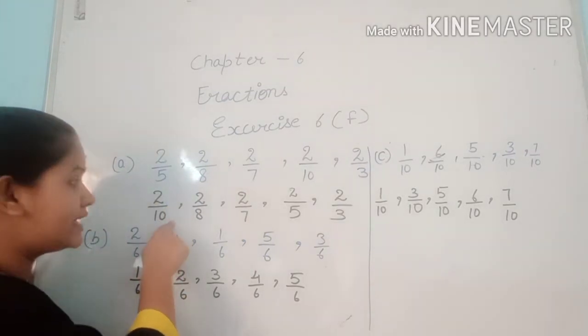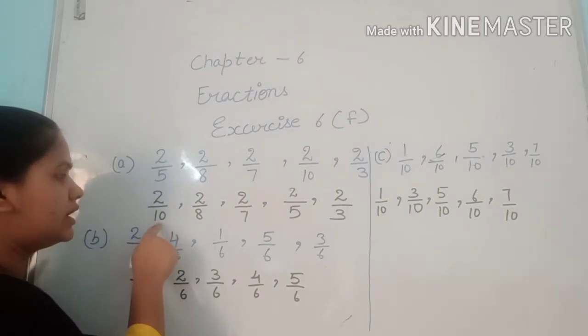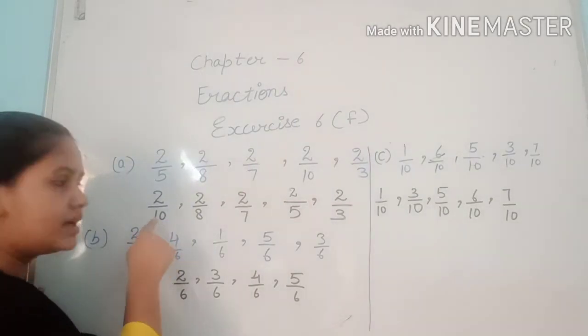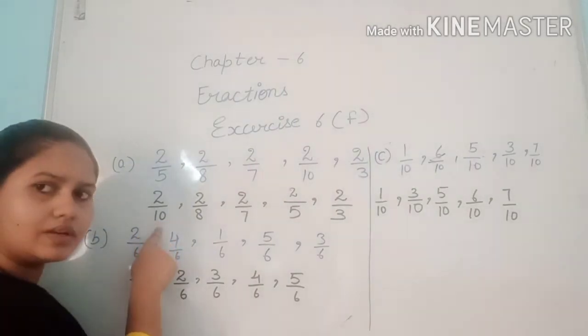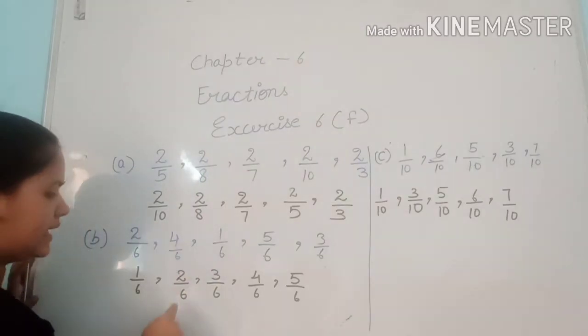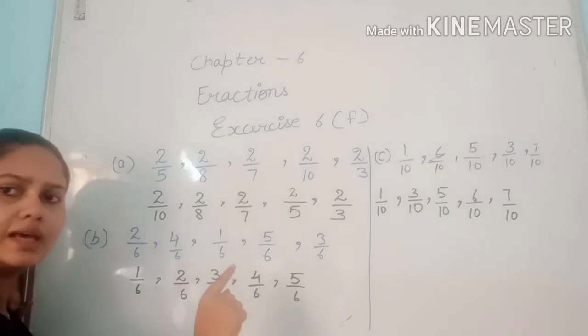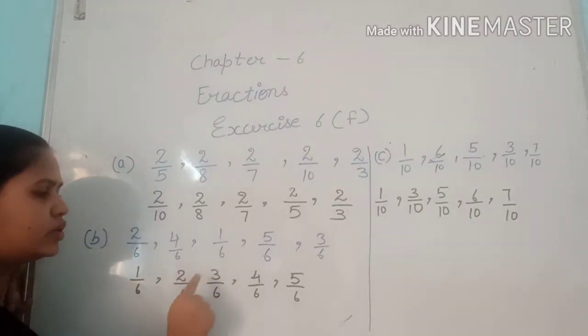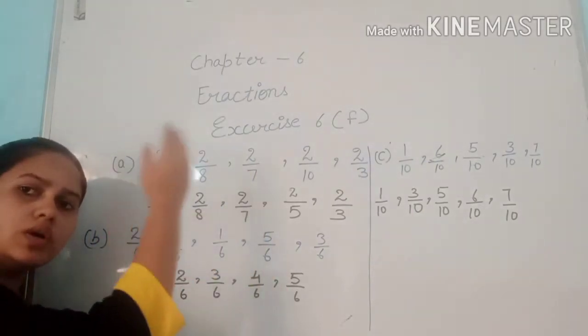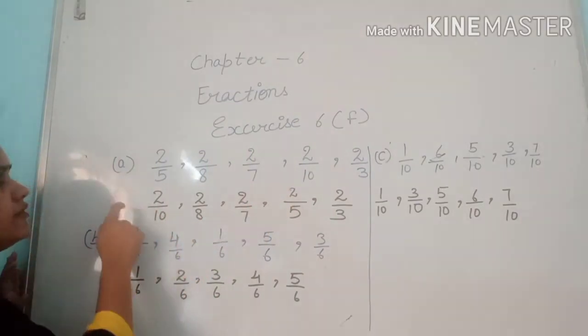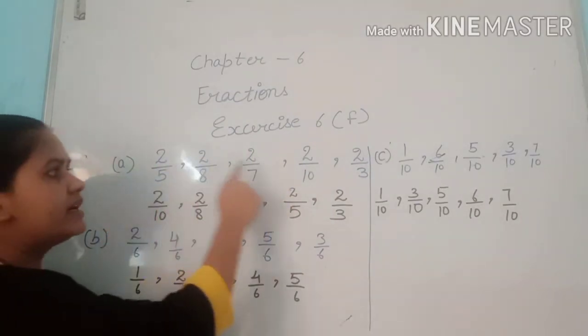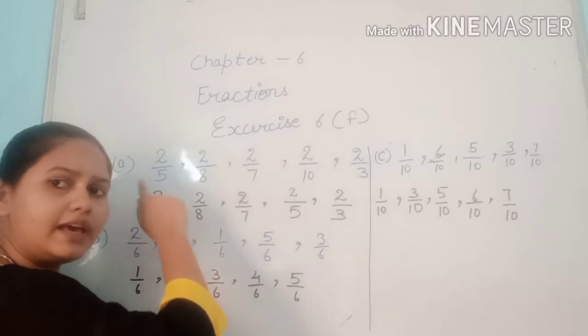Now I can explain why, because here we take the denominator as the highest. And in the next sum we have taken the numerator in the same ascending order, 1, 2, 3, 4, 5, from smallest to biggest. But in the first sum, the numerator is 2 in every fraction.